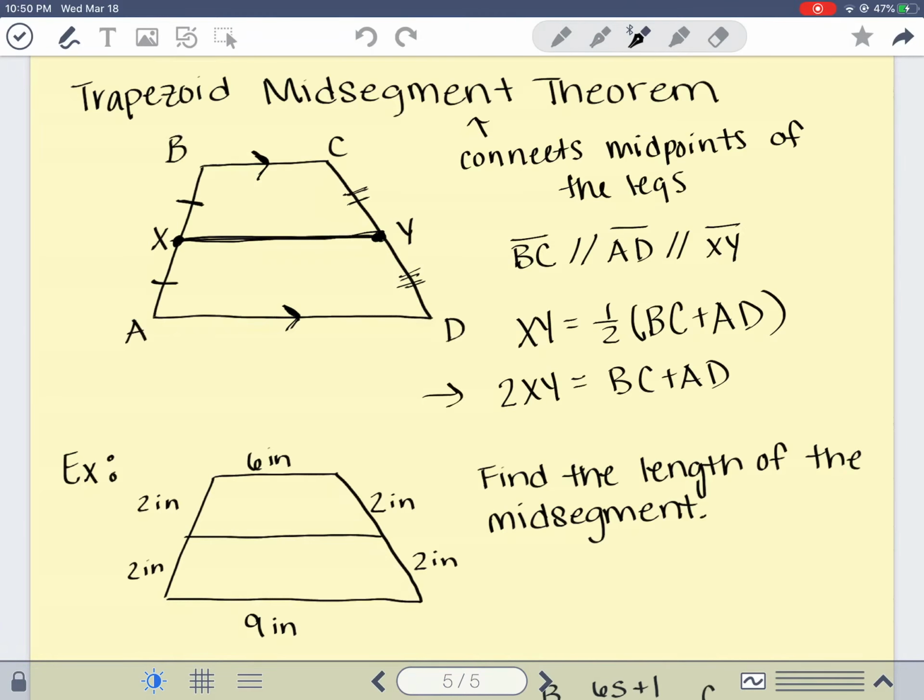This is helpful when you have expressions, not just a simple 2, 3, 4, things like that. When you have expressions as your lengths, it's a lot easier.